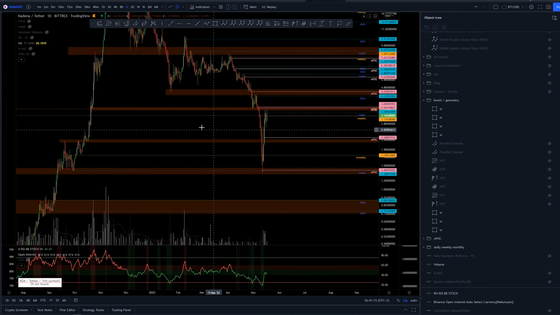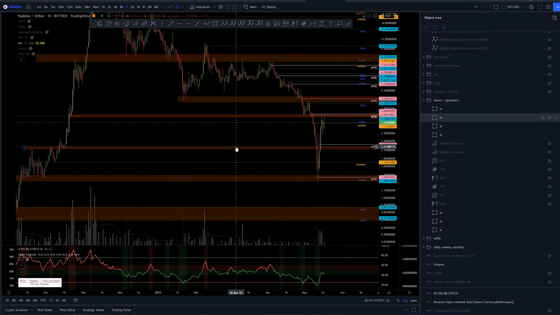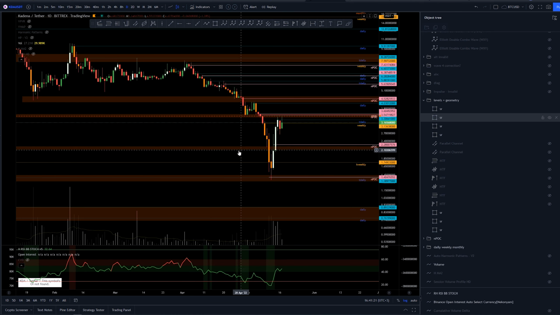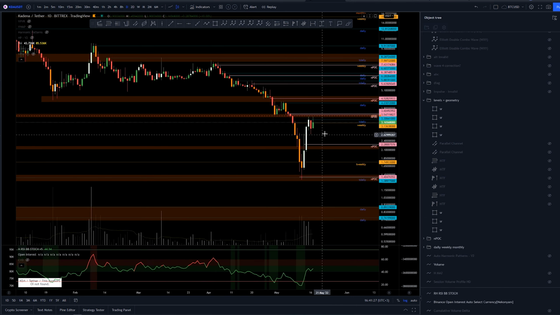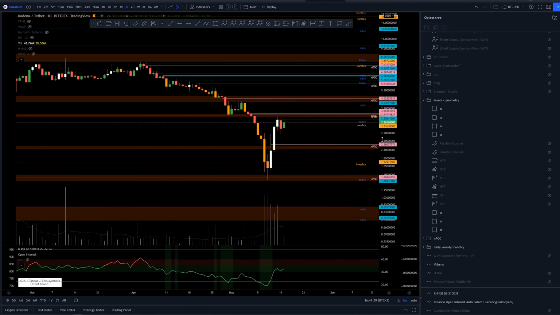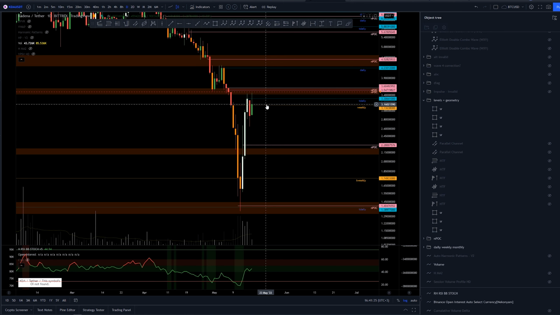Now currently we have already gone through that level, even went through this one. This was again a support level here before we bounced up and rolled over downwards. Now currently we have a tapped daily again here, a weekly that we've tapped again as well.